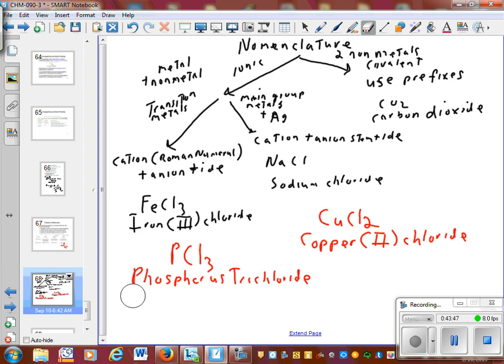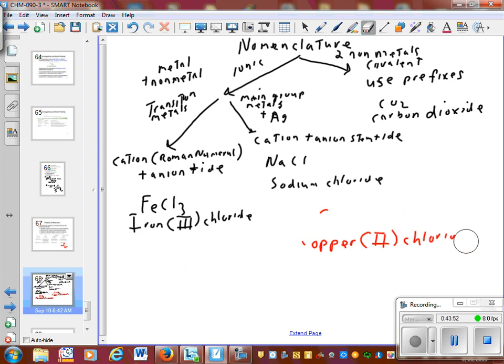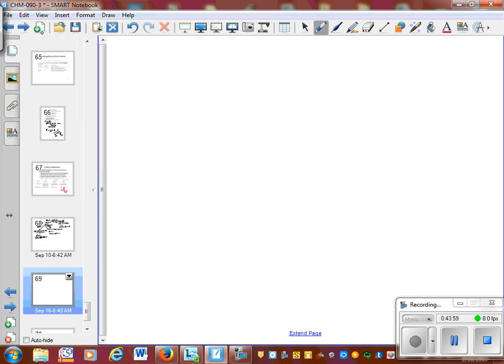So here we've got: if it's covalent, these prefixes.